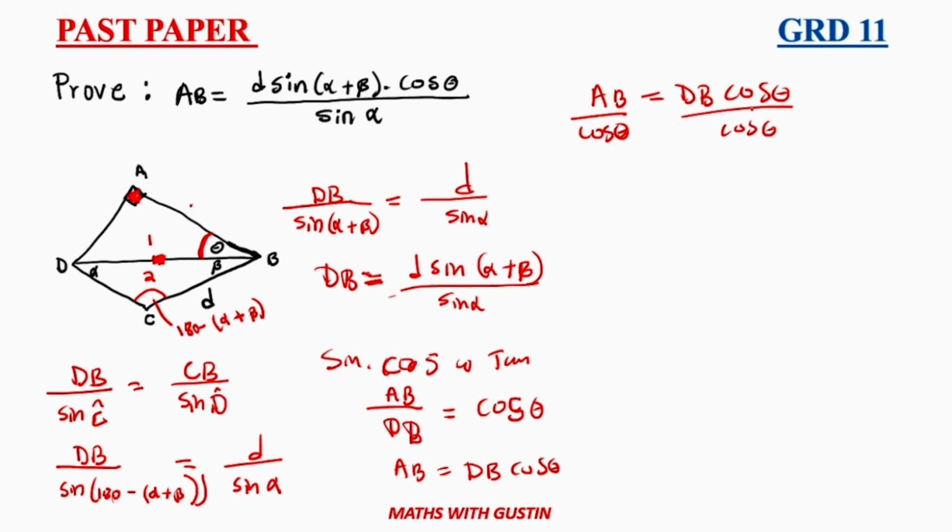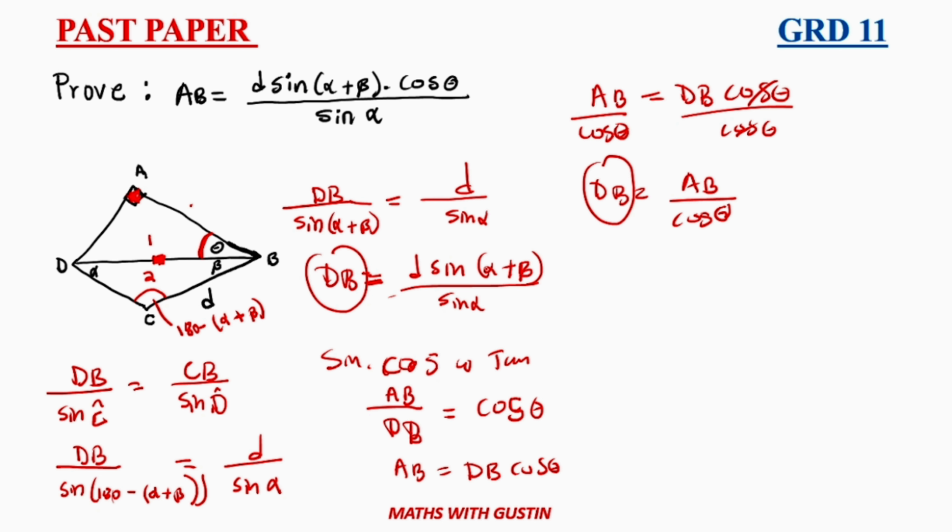This is what you are looking for. Cancel out. So therefore DB in this case would be AB all over cos theta. So therefore, you already know what DB is in this case.